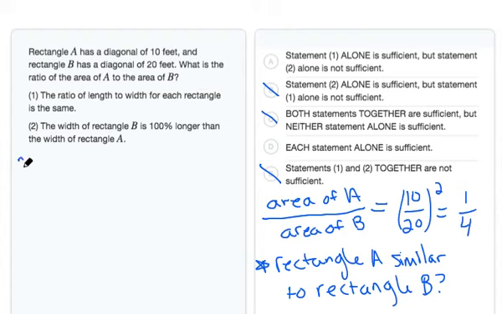And again, we're looking for whether we can show if rectangle A is similar to B. For statement 2, we're told that the width of rectangle B is 100% longer than the width of rectangle A. So let's draw a quick small rectangles, and we can give widths to their names.